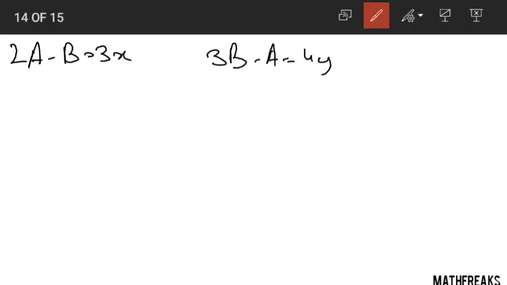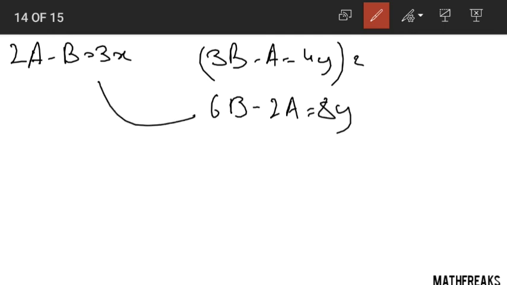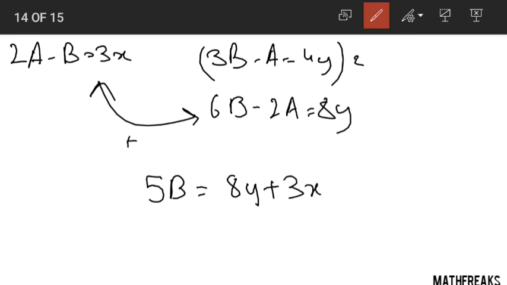So multiply it with 2, so 6b minus 2a equals 8y. Now add them, so 5b equals 8y plus 3x, right? So b would be (8y plus 3x) by 5.